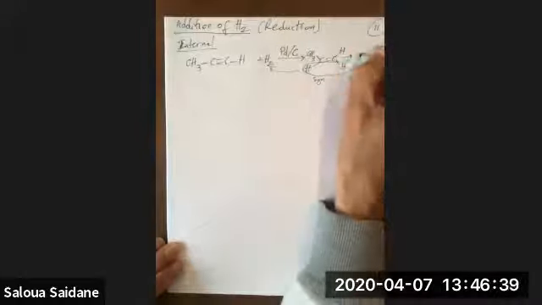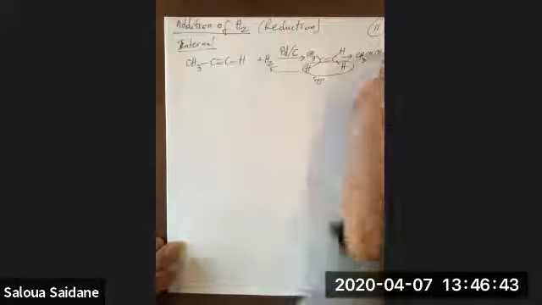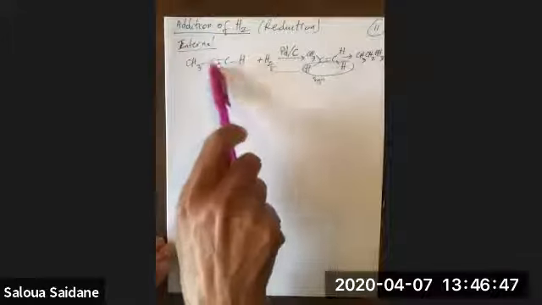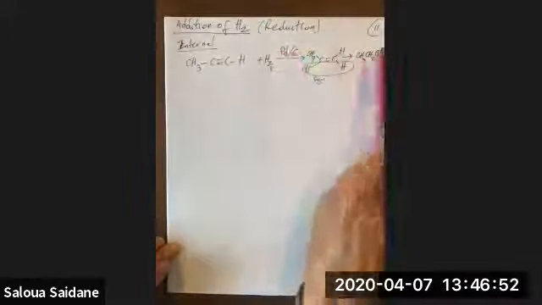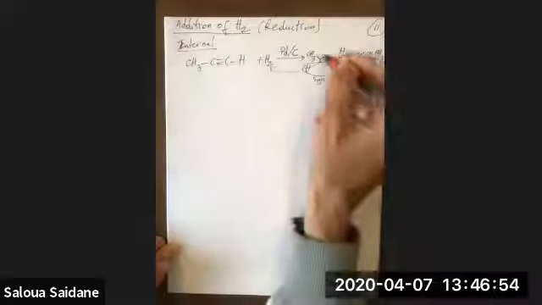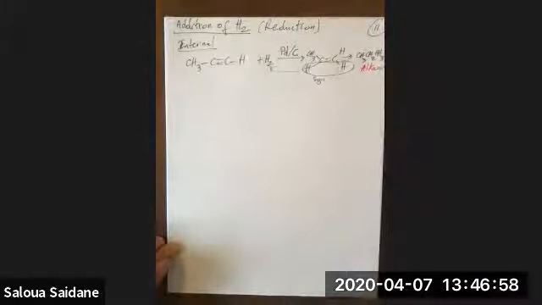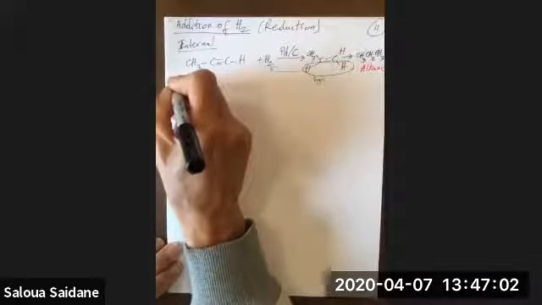It doesn't stop. And you end up with CH3, CH2, CH3. So every time you start with an alkyne and you use palladium as a catalyst, you end up with an alkane. It doesn't stop at the alkene. It goes all the way to the alkane. Now let's look at the internal.